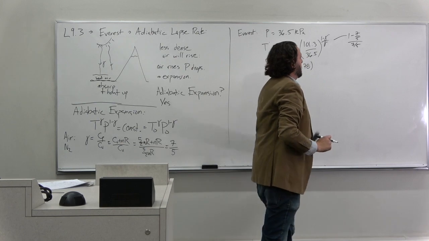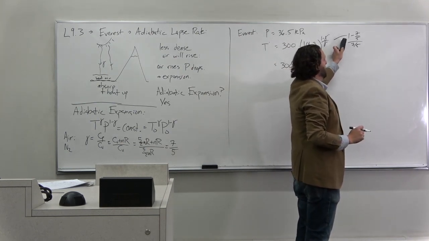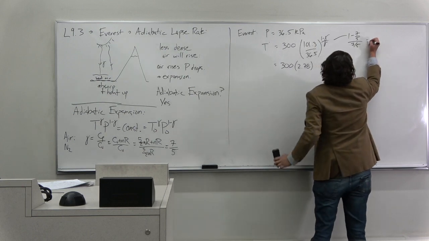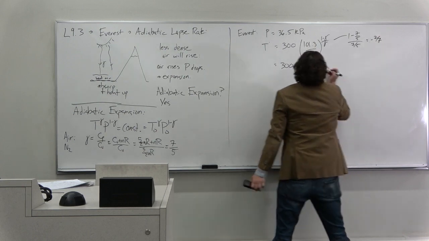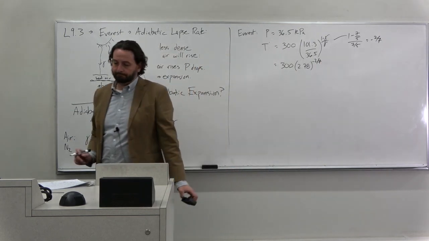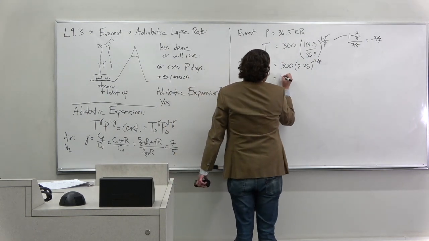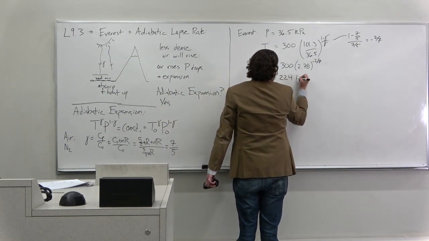So that's going to be minus 2/5 over 7/5, so this is minus 2/7. Type that into your calculator, and you get 224 Kelvin.